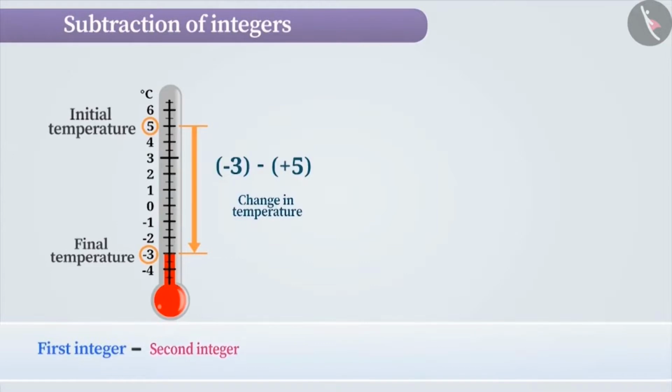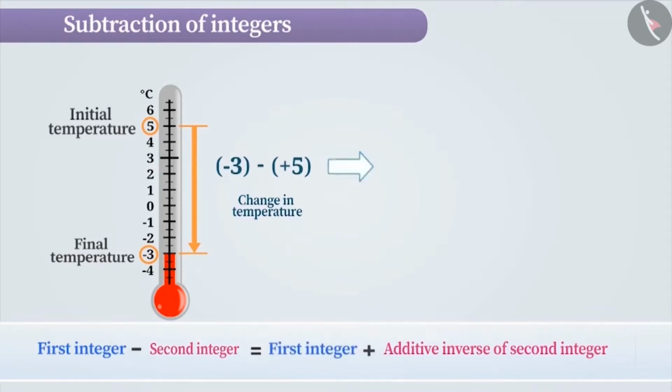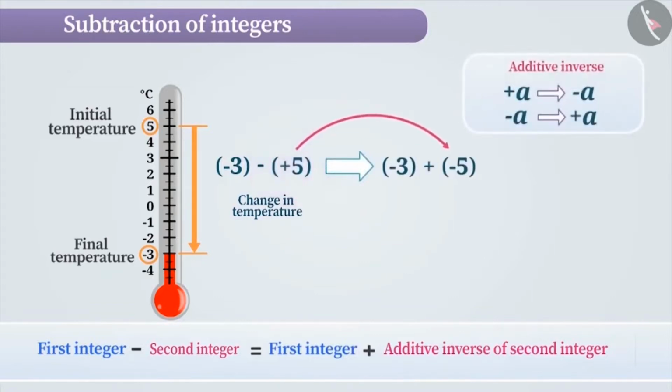In this case, if we want to subtract plus 5 from minus 3, then we add to minus 3 the additive inverse of plus 5. That is, we add minus 5. And we've already learned how to add integers. Here, the addition of minus 3 plus minus 5 is minus 8.